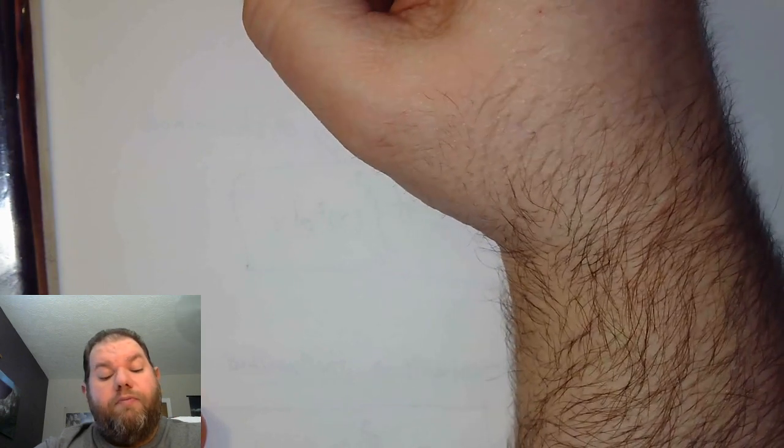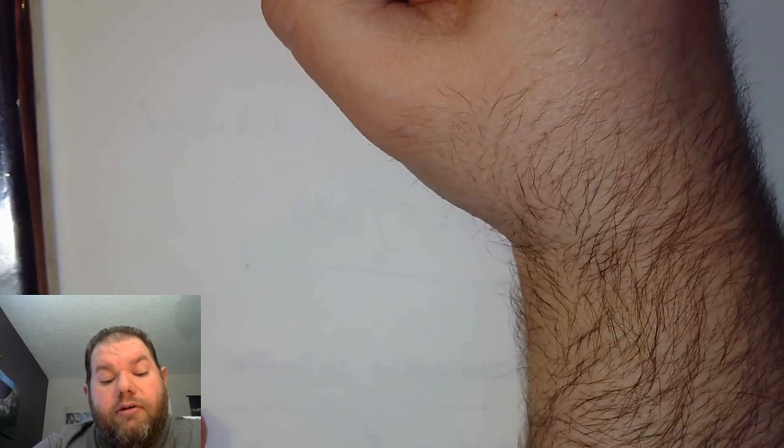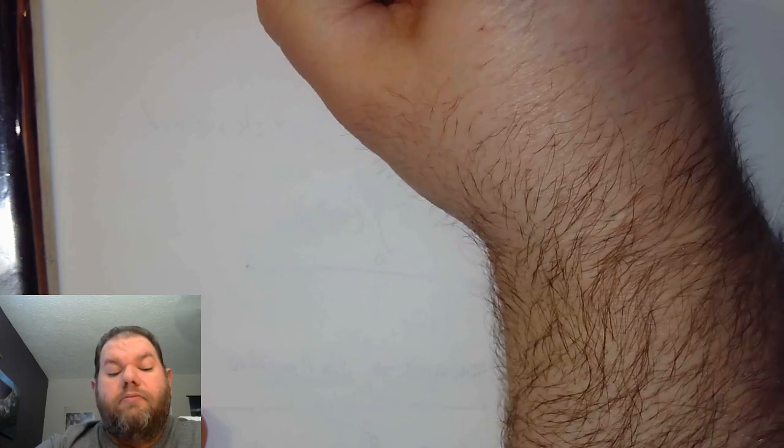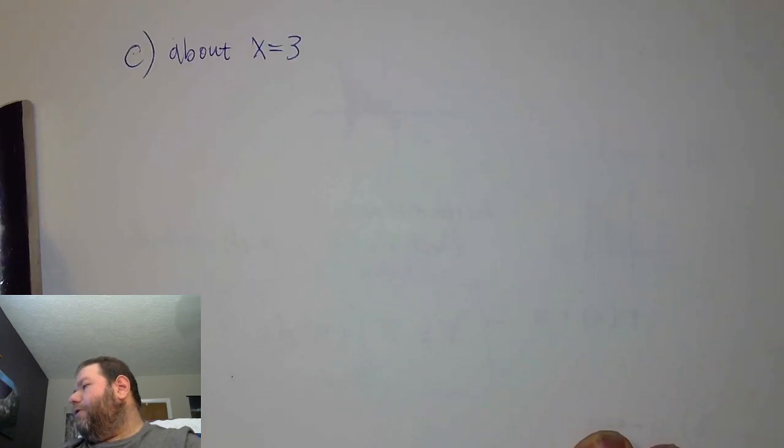Okay, so parts C and D give us two different axes rather than just the x and y axis themselves. In part C, they want us to go around the line, was it x equals 3, there we go.